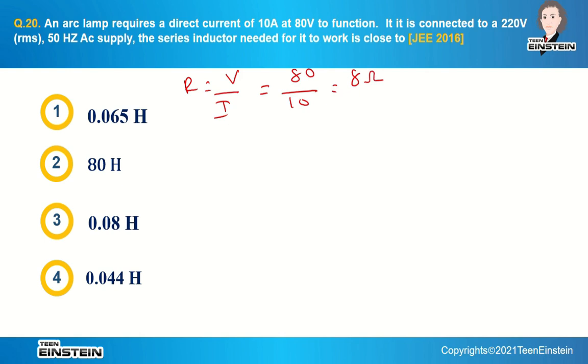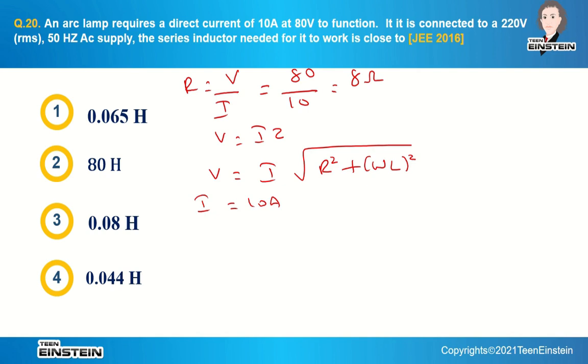Now when an inductor is connected in series and the source is applied, your voltage will become V equal to I Z. So V will become I root of R square plus omega L the whole square. Here they gave you the current as 10 ampere for the lamp to work.